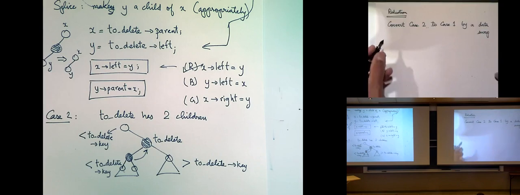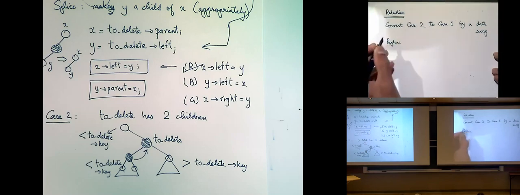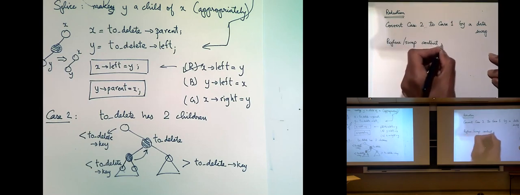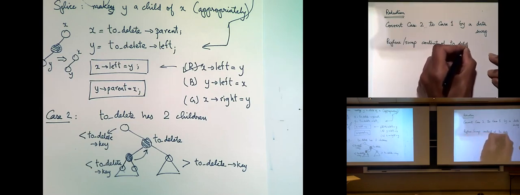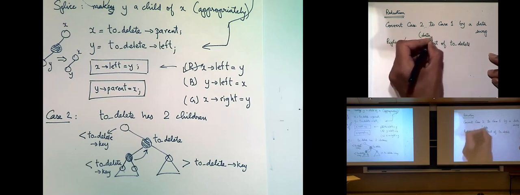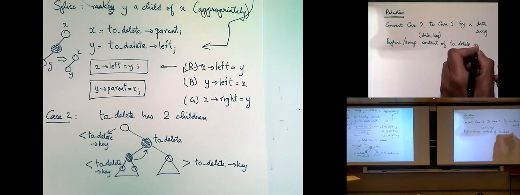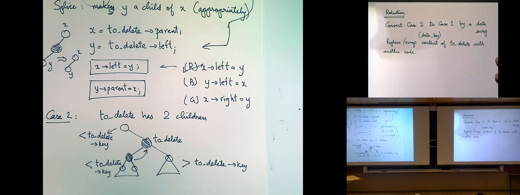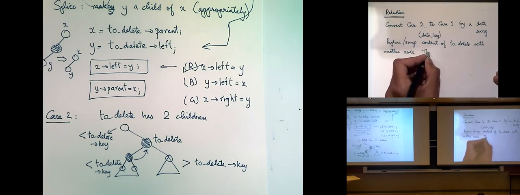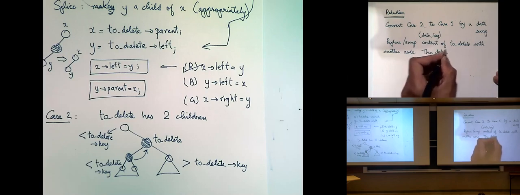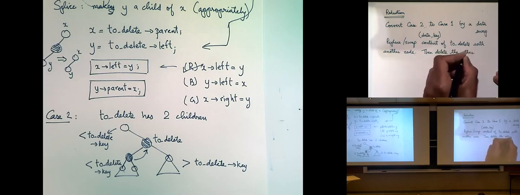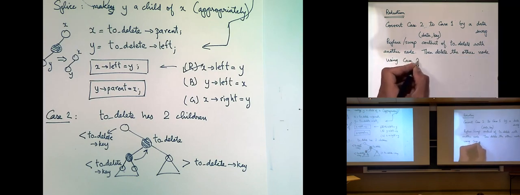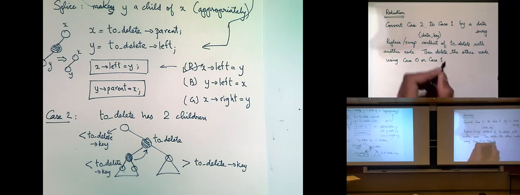So what we'll do is we'll replace, or you can think of swap, the content of 2 delete, and by the content, I mean both the data and the key, with another node. Then delete the other node using case 0 or case 1.